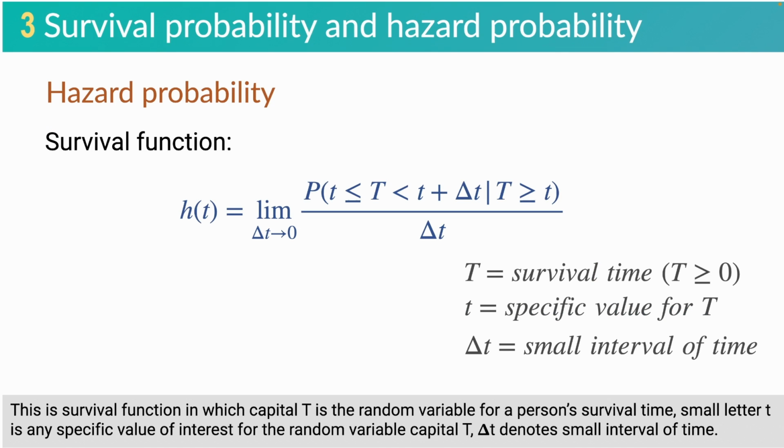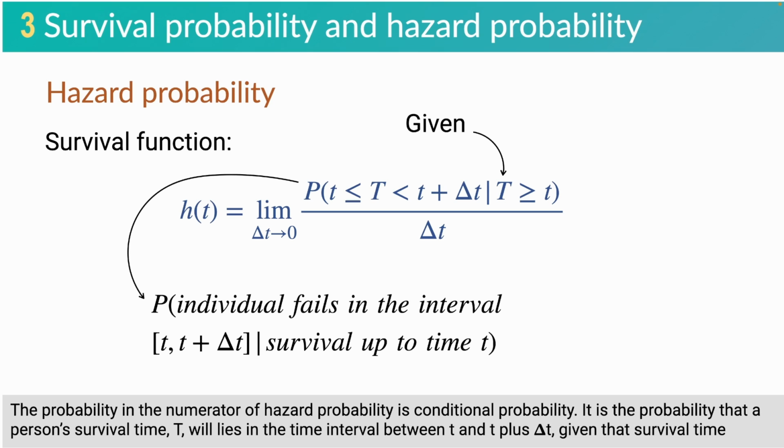This is the hazard function, in which capital T is the random variable for a person's survival time. Small letter t is any specific value of interest for the random variable capital T. Delta t denotes a small interval of time. The probability in the numerator of the hazard function is a conditional probability.